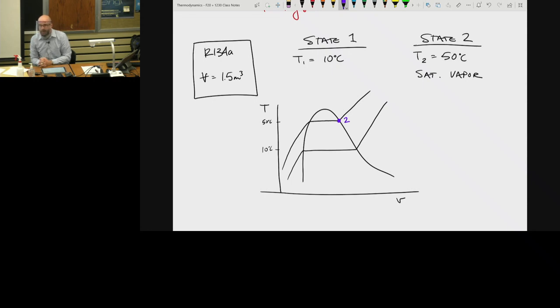Where is state 1? I'm pausing just for you to think. Maybe you know exactly where state 1 is. Maybe you don't, but I want you to think about it for a second.